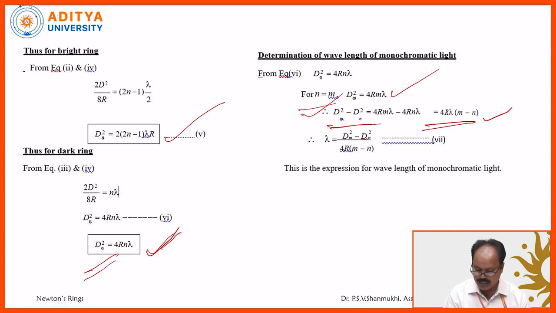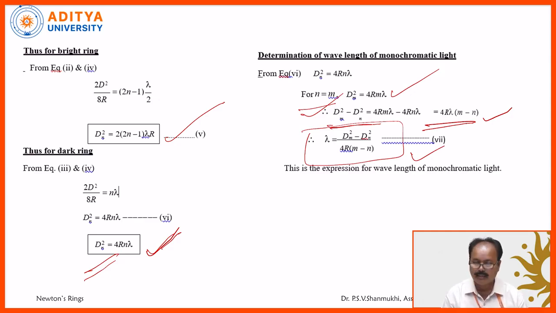From this, lambda is equal to (dm square minus dn square) by 4R into (m minus n). This is the expression for the wavelength of the light used in this experiment.